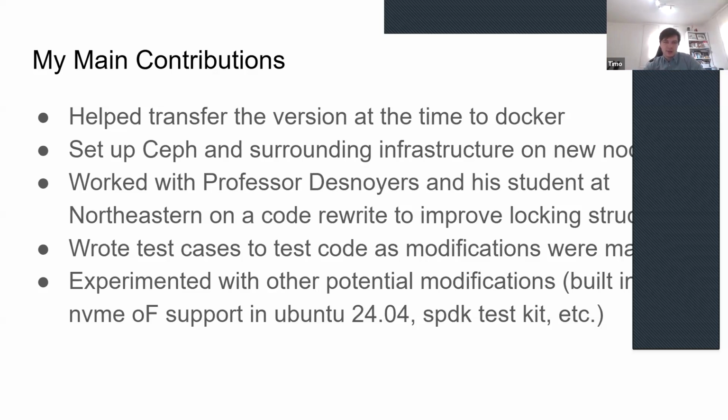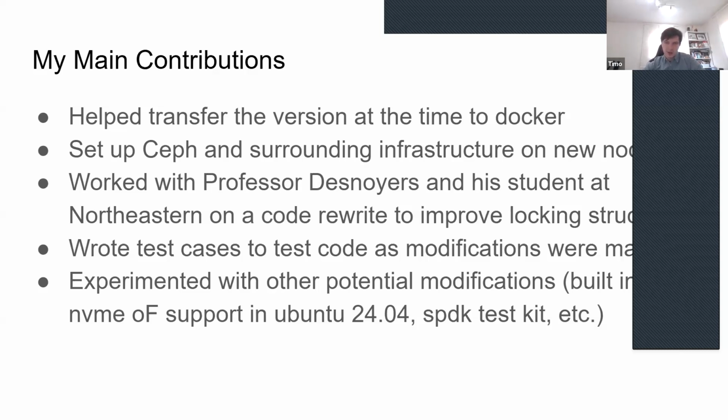Later on, as the scope of the project grew a little bit in terms of what we wanted to do with it, I was working with Professor Desnoyers and his student Isaac from Northeastern on a code rewrite to improve the locking structure and help write various test cases and test the code as the modifications were made. A couple of times we did the various tests, but each time we deemed that we wanted to move forward with different parts of the project, so we just kept rewriting the code.